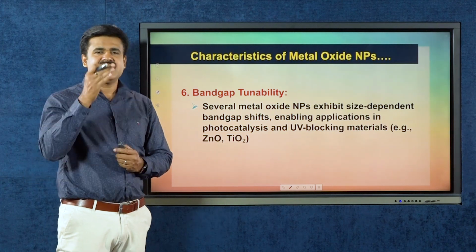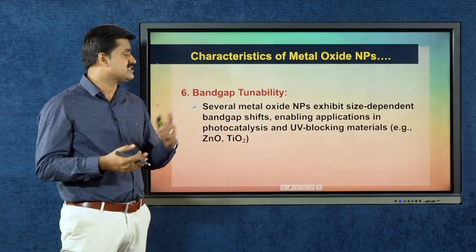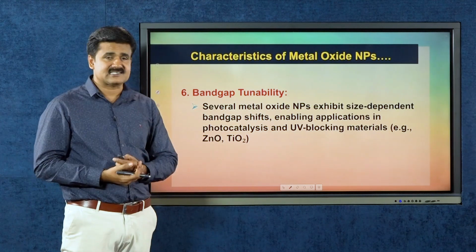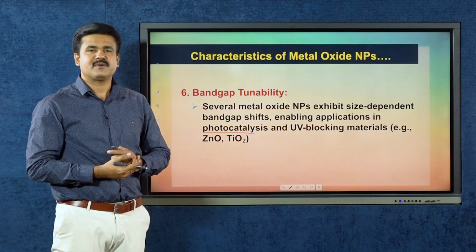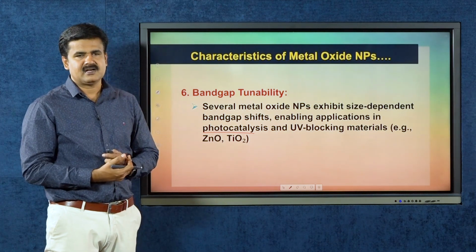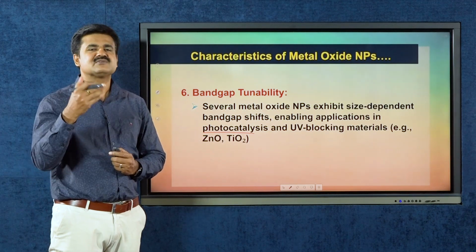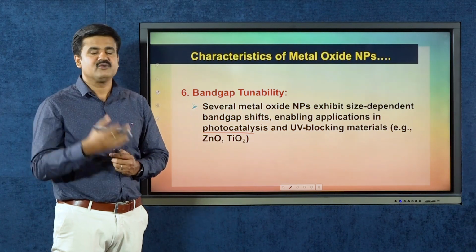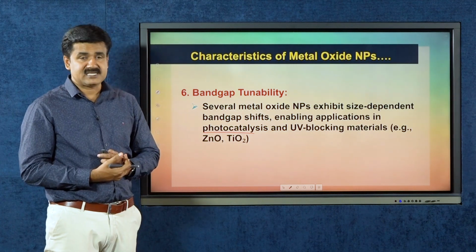So, controlling the band gap enables their applications in different areas such as photocatalysis, UV blocking material preparation, etc. For instance, zinc oxide nanoparticle can block ultraviolet radiations. So, it is used to develop several kinds of UV protective materials.